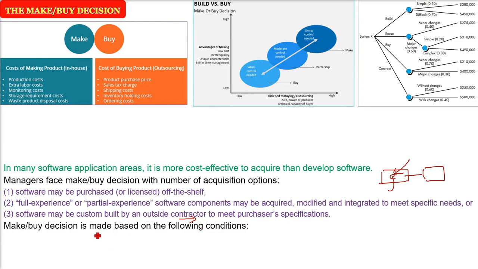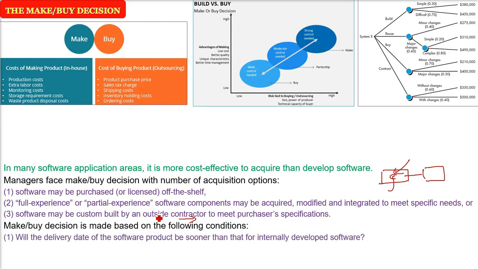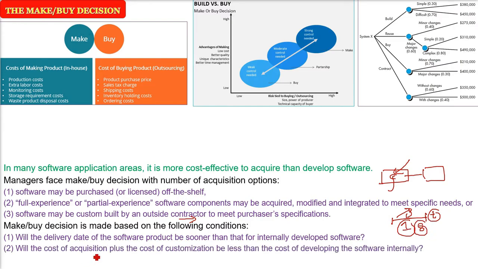Now, this make or buy decision is made based on certain conditions. What are these conditions? Will the delivery date of the software product be sooner than that for internally developed software? That is, if you take 1 year for the software to be delivered, and if you acquire or buy it, it takes a much shorter duration. It's better. Will the cost of acquisition plus the cost of customization be less than the cost of developing the software internally?